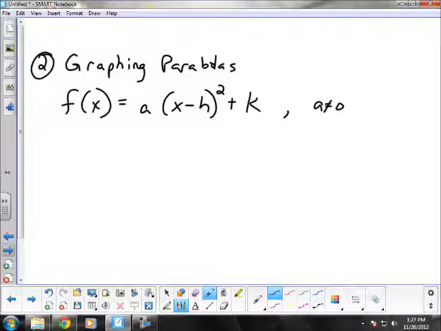For it to make the shape of a parabola, it's got to be x squared. So a cannot be 0. Does anybody remember what the name of this type of equation was? What kind of equation did we call it? What form was it in? It's exactly right. It's standard form.